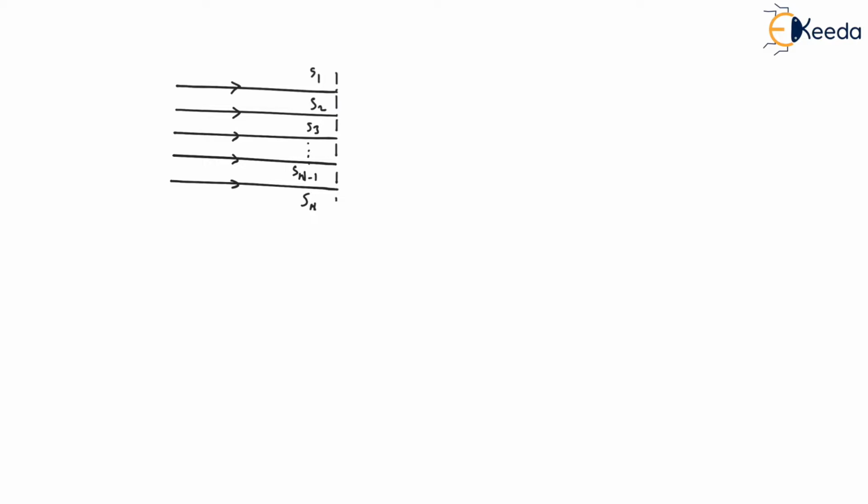So now, to study the diffraction pattern, first of all, we'll draw one lens over here. This is the axis for the lens, and here we'll have the screen. This will be a screen.